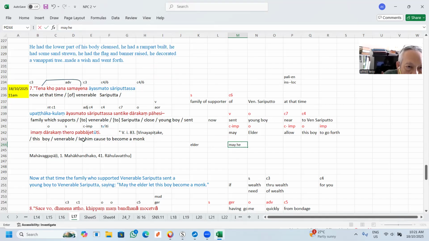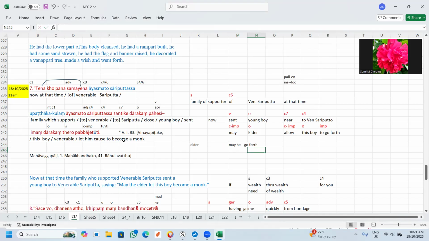Can you see the word pabbajati? May he, technically it means go forth. Then to make it simple, to go forth, the meaning is to become a monk. To become a monk.